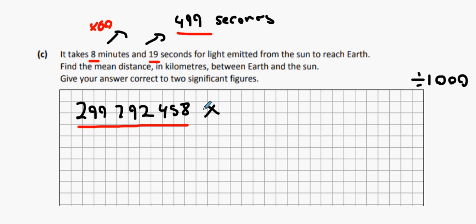That's how many meters per second it travels. You're going to multiply that by 499. It wants the answer in kilometers. So what do you have to do after that? Your answer is currently in meters. So what do you have to do after that? Divide by 1,000.